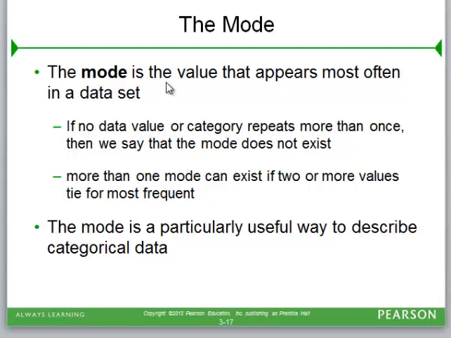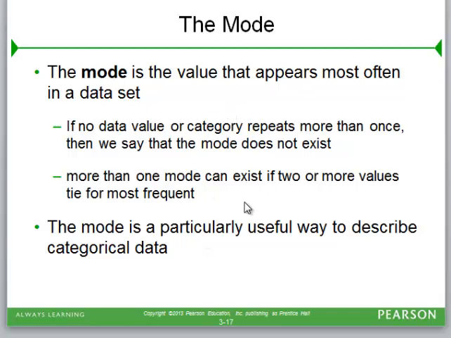Mode, the third one. Mode is the value that appears most often in a data set. The mode is a particularly useful way to describe categorical data. For example, for grouped data in a frequency distribution shown in a histogram, the mode is the one with the highest bar.